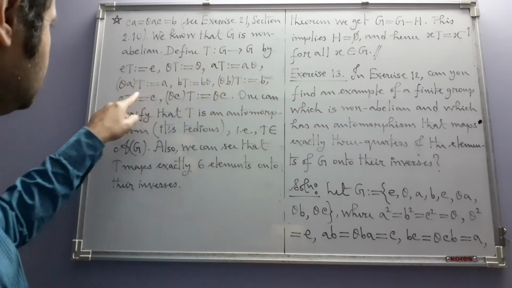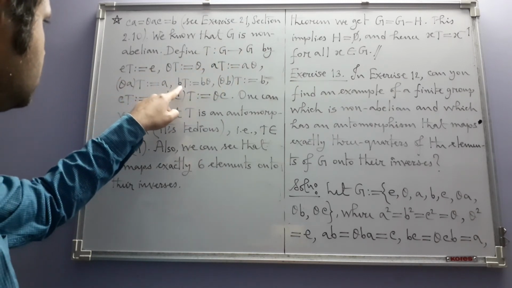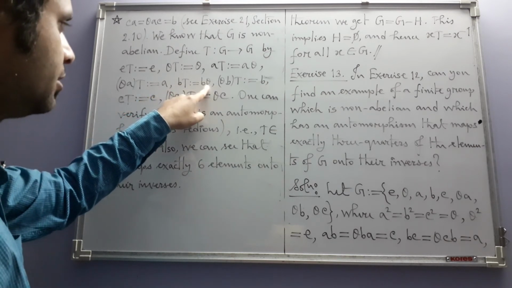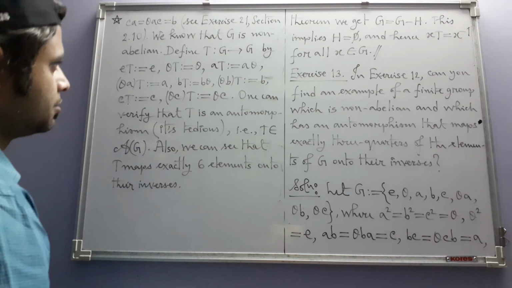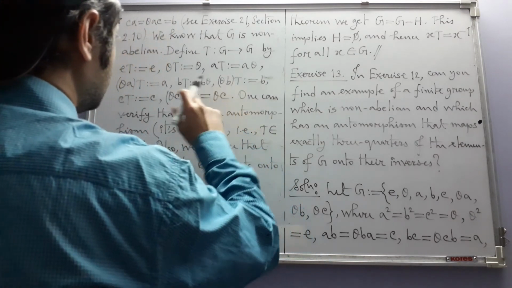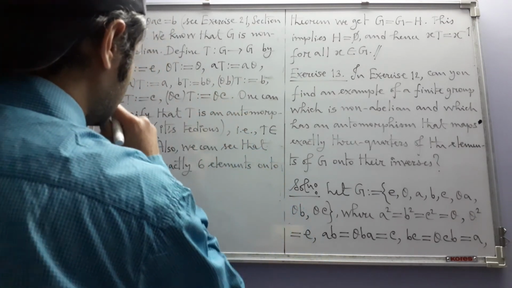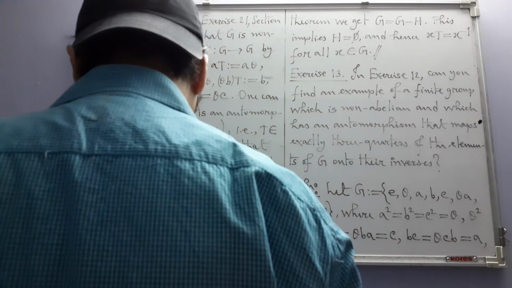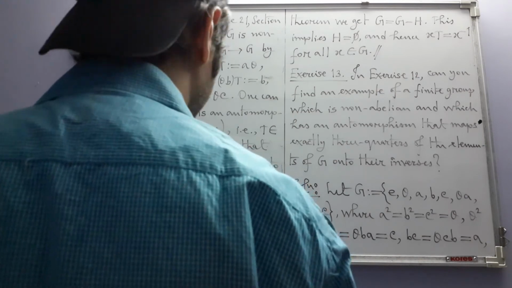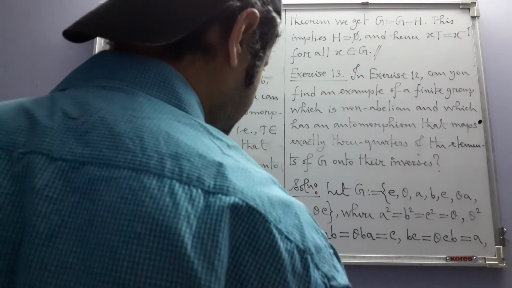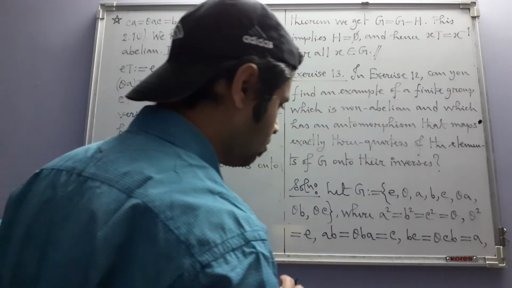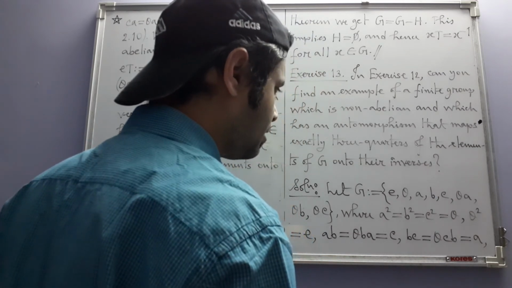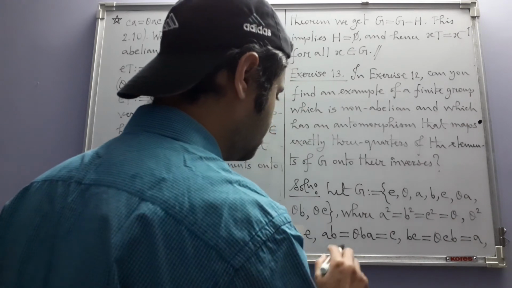1, 2, 3. B gets mapped onto B theta, and wait, am I missing something, or have I made a mistake? I think A and A theta are not inverses of each other.